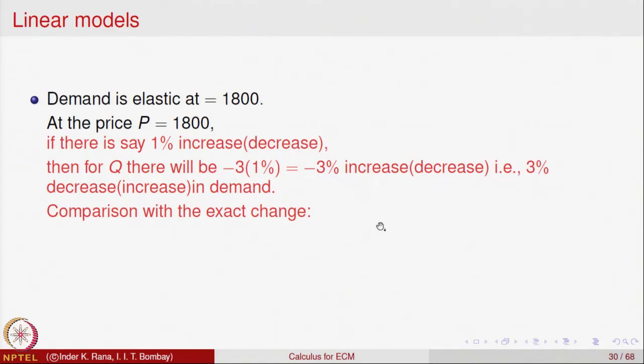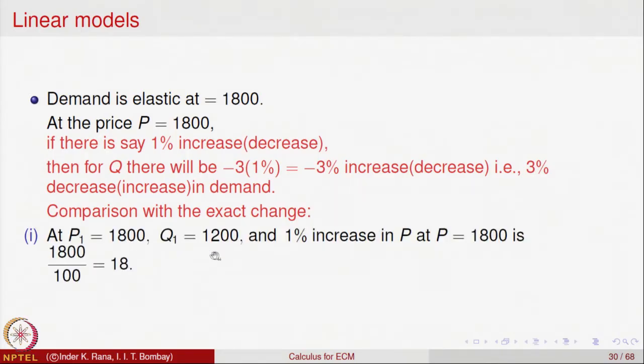Let us compare it with the exact change that happens in that scenario, just to see how good a measure of responsiveness the coefficient of elasticity is. At the price P1, which is 1800, Q1 is 1200, and a 1% increase in the price gives you the price as 1800 plus 18.